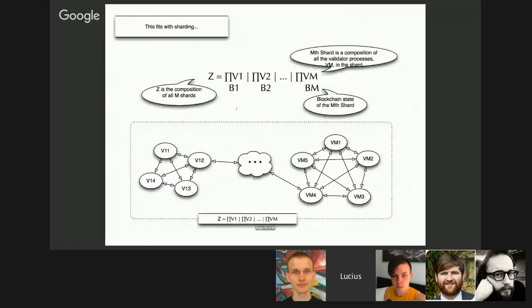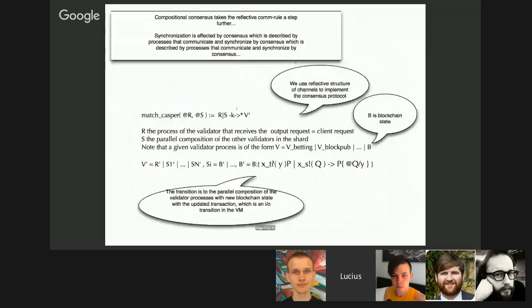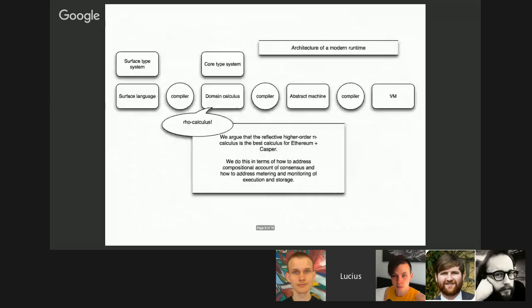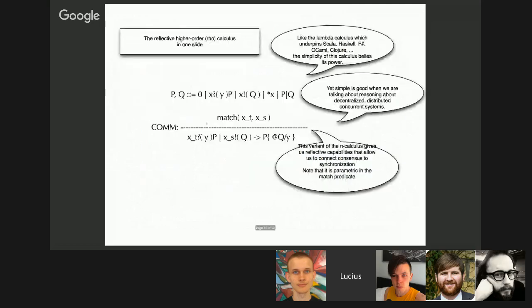So this particular approach, just for the nested consensus, is making essential or fundamental use of reflection, giving credence to our argument that of the variety of calculi that might occupy this spot, the rho calculus seems like a very good candidate.